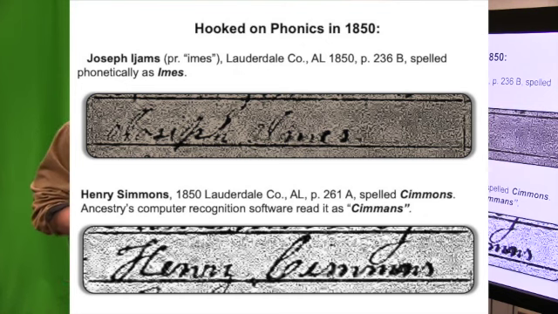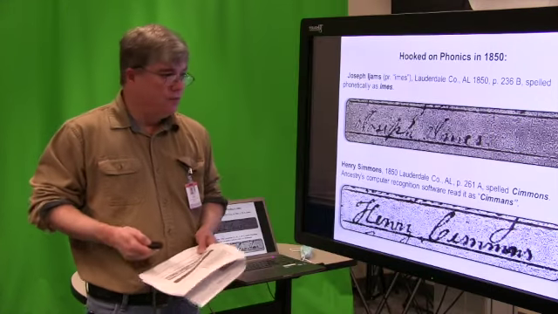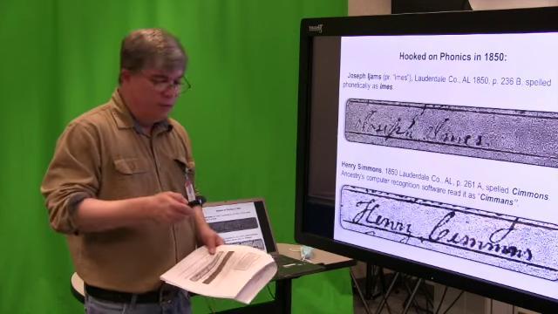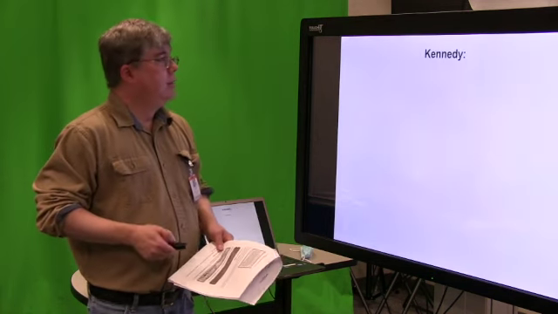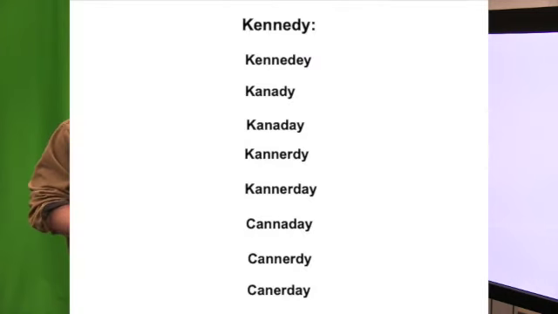And when we talk about a family search in Ancestry and these other sites, it allows you to check for misspelled names. It's very important. You can never assume that they spelled the name right. As you can see, with a simple name like Kennedy, you can do a lot of weird stuff with it. And I have seen all of these variations in Lauderdale County records.